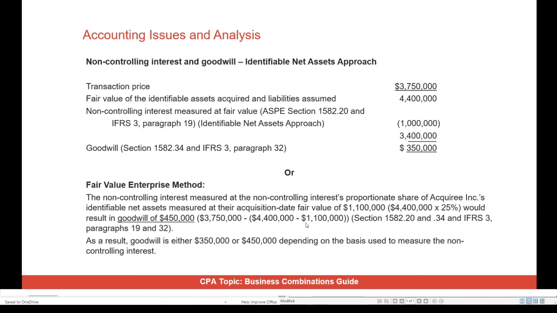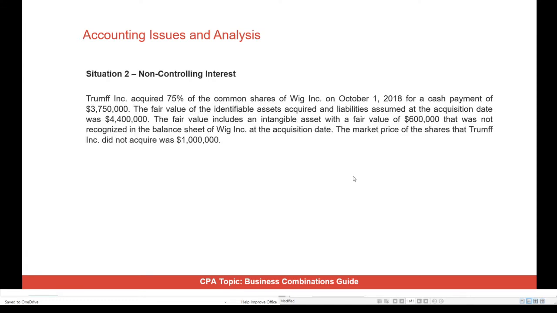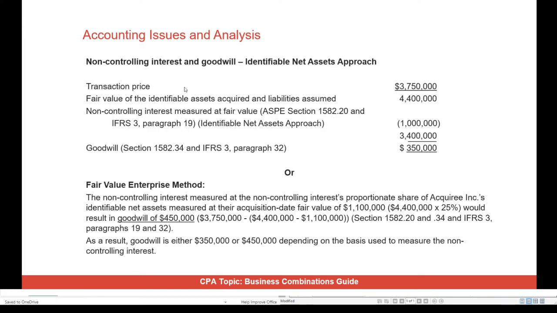Now, what if you used the fair value enterprise method? On that method, the identifiable net assets are measured at the fair value acquisition date of 1.1 million. So just going back to the slide here, remember the fair value of the identifiable net assets was 4.4, and what was not acquired was 25% of it. So that would work out to be 1.1 million.